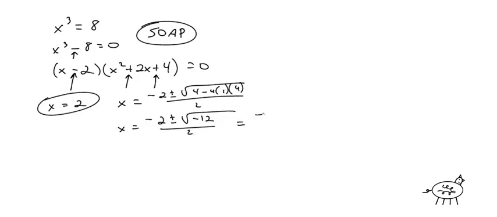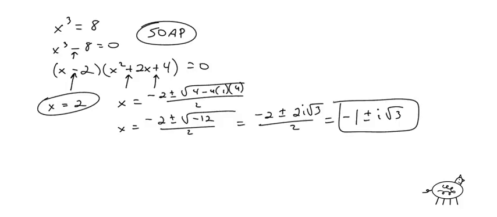And that's equal to negative 2 plus or minus, you've got to factor out an i and a 4. So you get 2i root 3 over 2. And then, of course, you simplify it to separate the real from the imaginary part. And we get negative 1 plus or minus i root 3. All right? Negative 1 plus or minus i root 3.